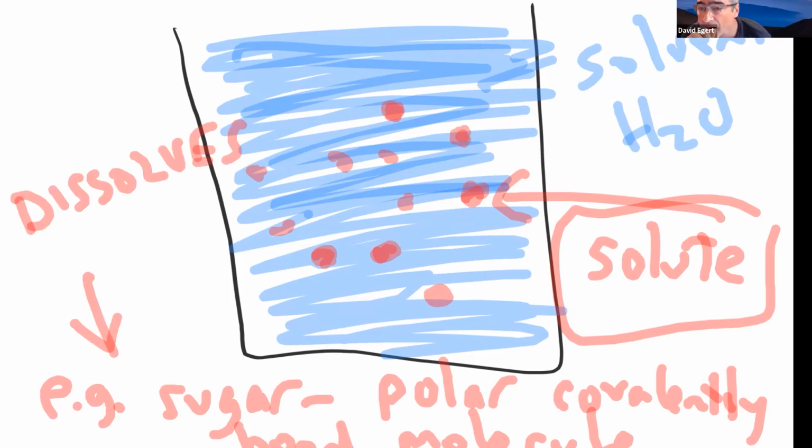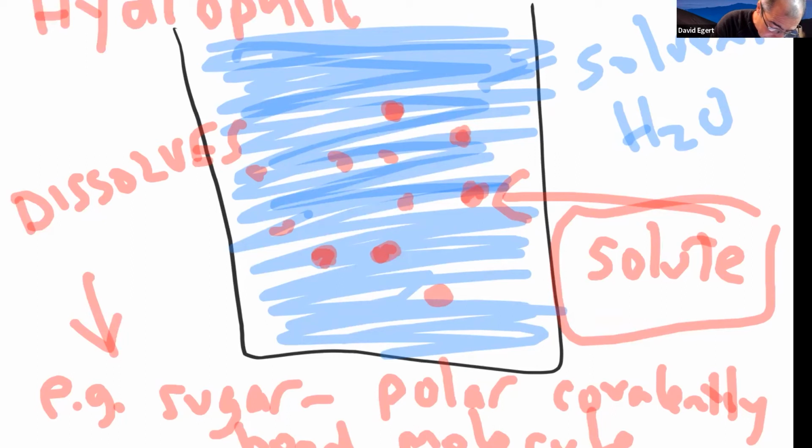It's soluble in water because it's hydrophilic. So hydrophilic is the definition that it dissolves, that it likes water. Hydrophilic means water loving. So that's going to be the definition of something that acts like this, but it doesn't tell us why. I want to know, why is it hydrophilic?